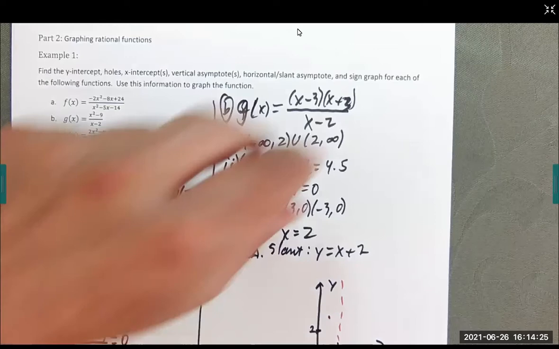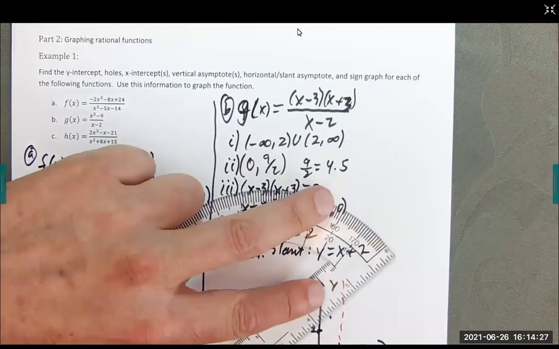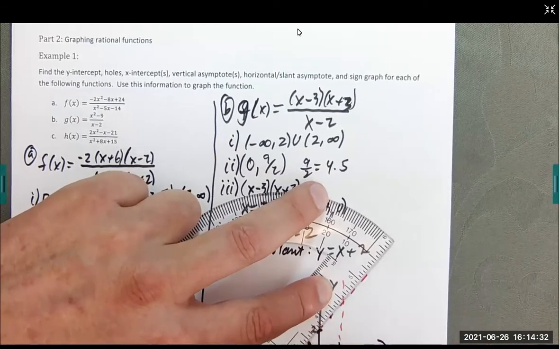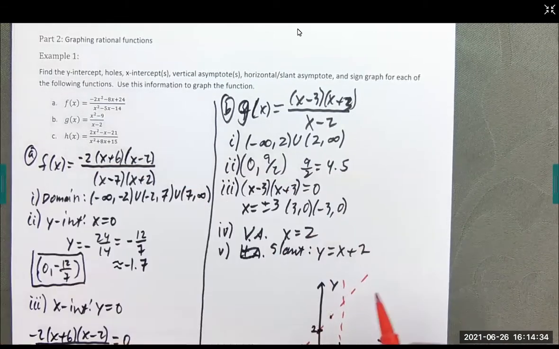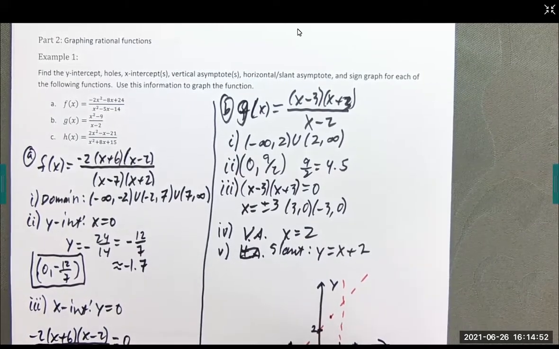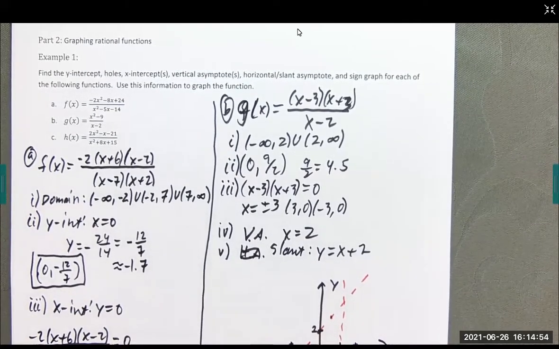So that's going to give me that right there. We have intercepts at +3. So here's 3. And at -3, we have a point here, and we have a y-intercept at +4.5.